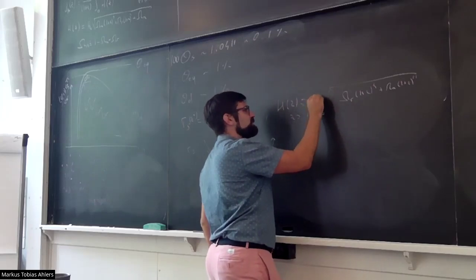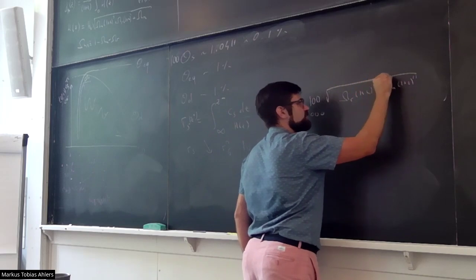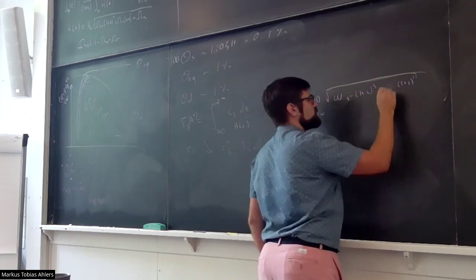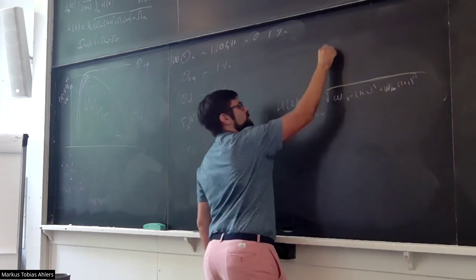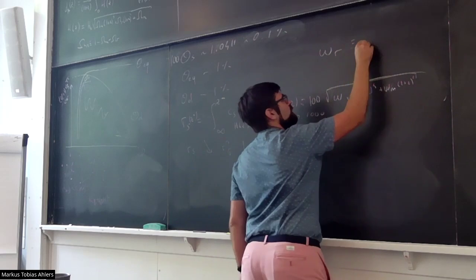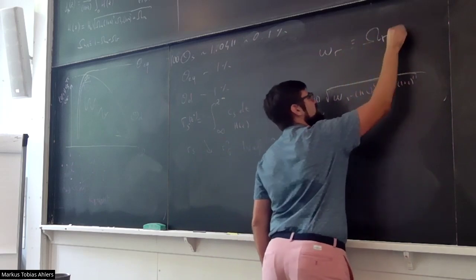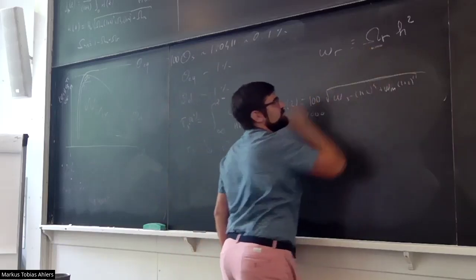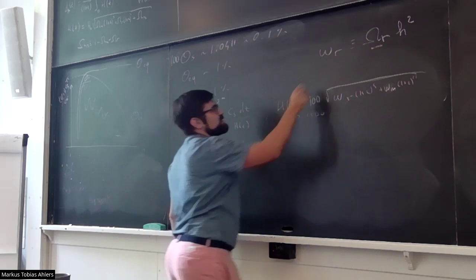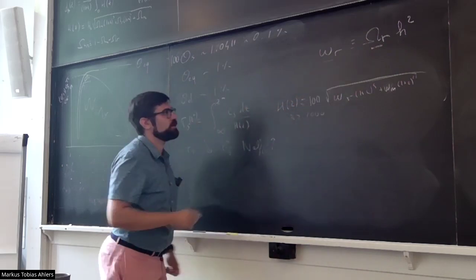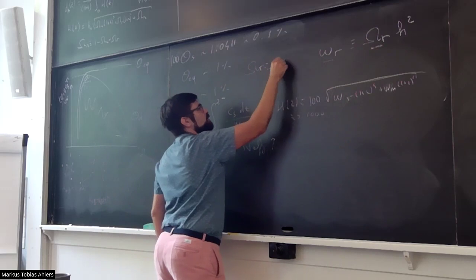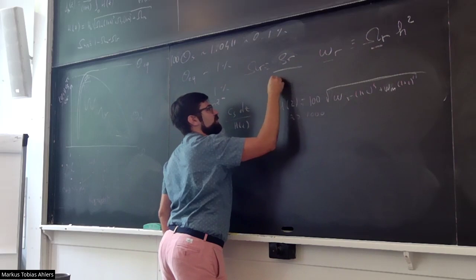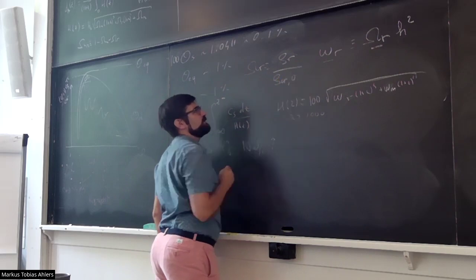So I'm going to write physical densities in this quantity. So here I'm going to write small omega radiation, small omega m, where omega radiation is equal to the fractional abundance times h squared, okay? So that's a fraction of radiation today. That's the physical density of radiation, okay?